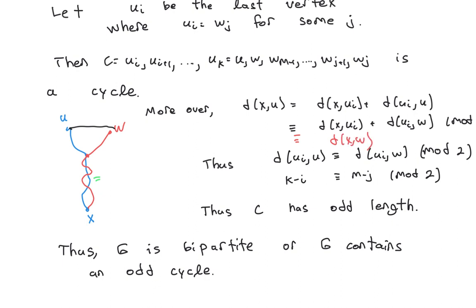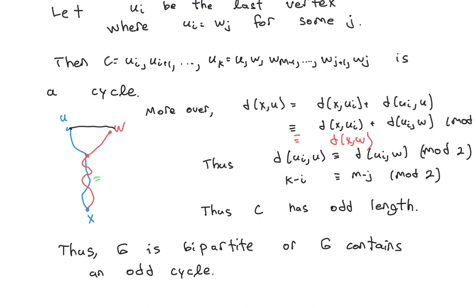But more importantly, because we are assuming that the distance from u to x is congruent to the distance from w to x, these two outside numbers are congruent mod 2. And so these two summations are also congruent mod 2. And so we can cancel this part from both expressions, and we can conclude that the distance from ui to u is congruent to the distance from ui to w mod 2.